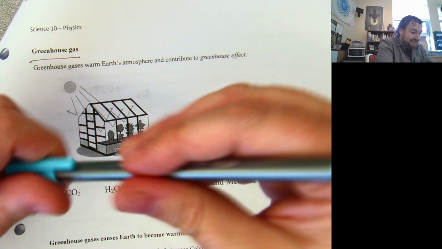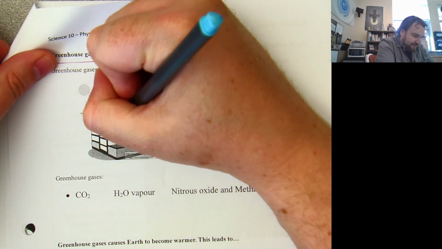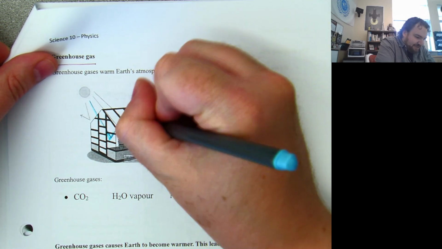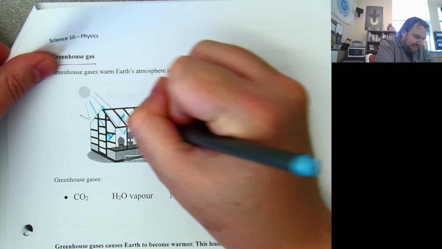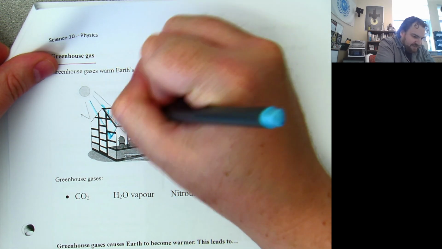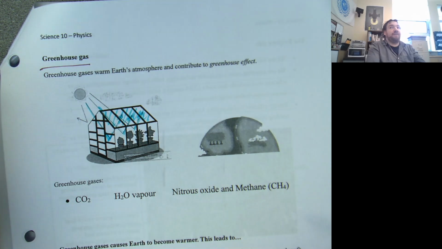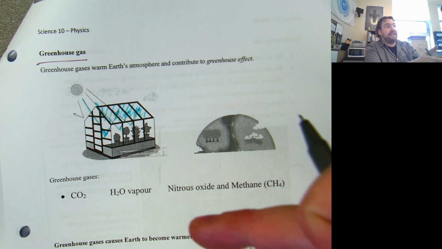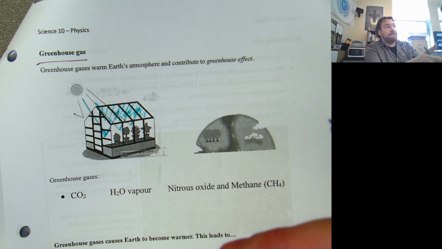Because as the sun is allowed in, look at this, the sun goes in. But then once it's in, it's not allowed to bounce back out. It gets trapped by all the glass or plastic or whatever it is. It's hotter, it's humider inside that greenhouse. Yes, Kaylee. Sorry?